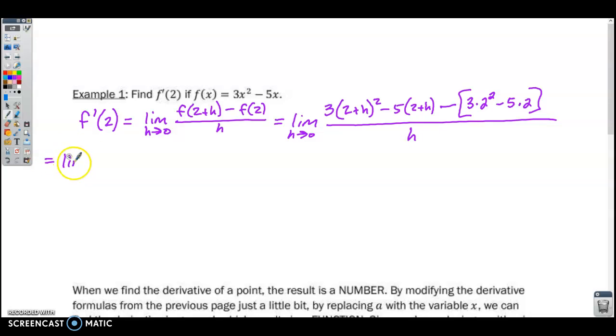So we've got the limit as h goes to 0 of 3 times the quantity. And the quantity 2 plus h, when I expand that out, is going to be 4 plus 4h plus h squared. I'm going to leave this for a second so that I'm distributing everything out at the same time. And then inside the parentheses there, that looks like 12 minus 10, so that's going to be 2.